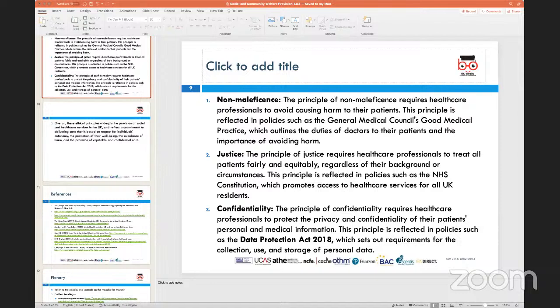This principle is reflected in the General Medical Council's Good Medical Practice, that although sometimes hard choices have to be made, and these choices tend to be the only option available to help the patient recover from that illness.